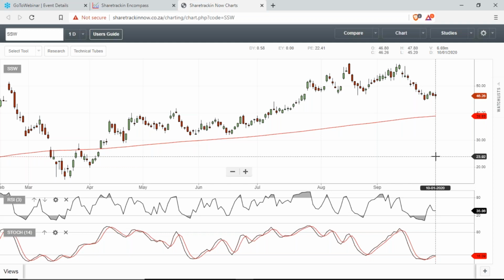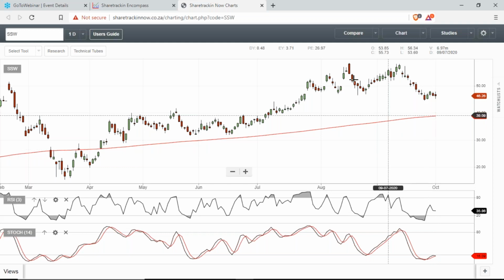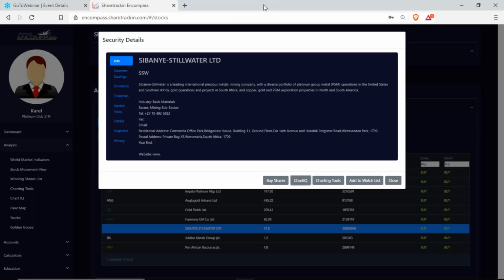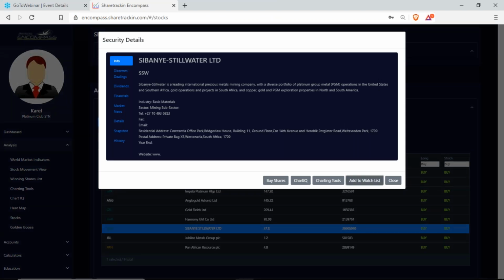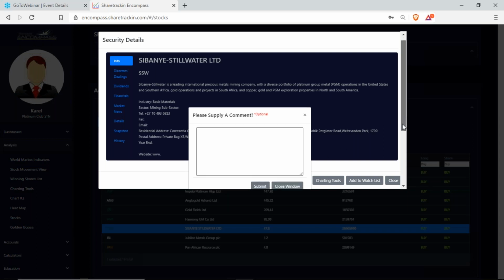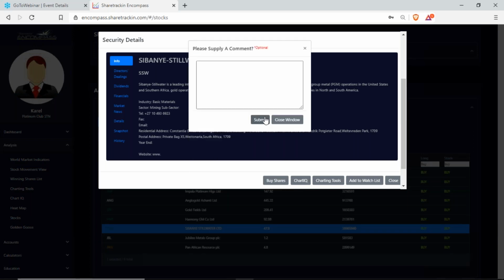Now, I want to go back to the share tracking software. Let's add this share to the watch list. I'm going to close the tab on top on the X. And I say add to watch list. I scroll down a bit and I say submit.